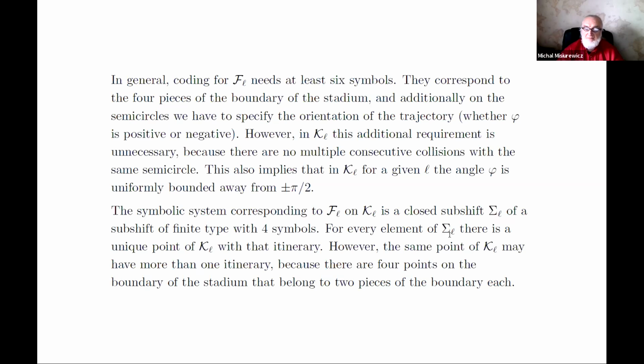And for every element, for every code, there is a unique point with that itinerary. However, the same point of KL may have more than one itinerary because there are 4 points on the boundary that belong to 2 pieces of the boundary each.